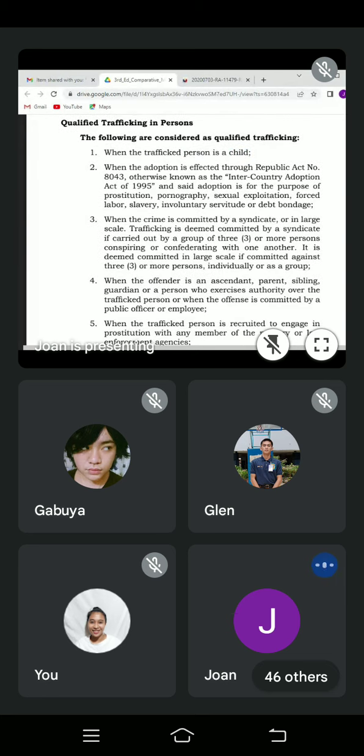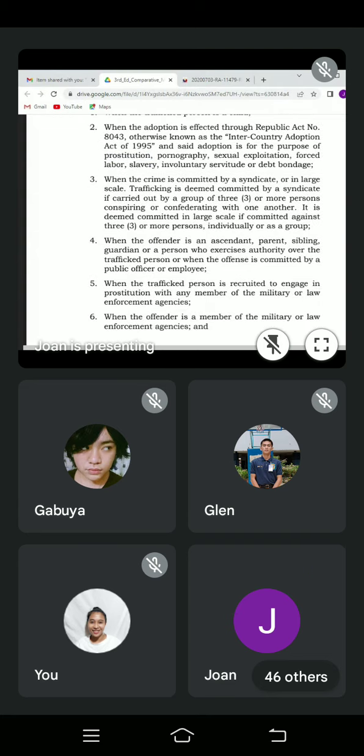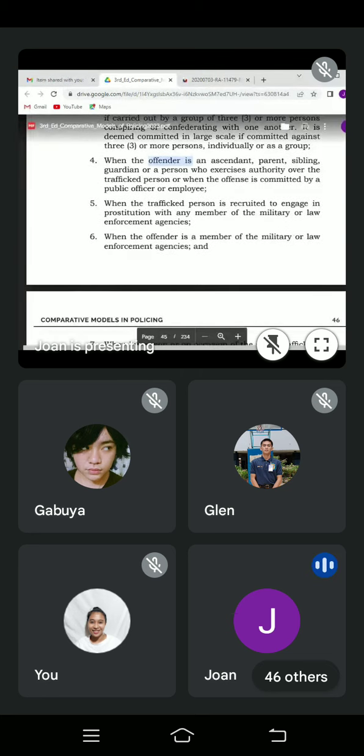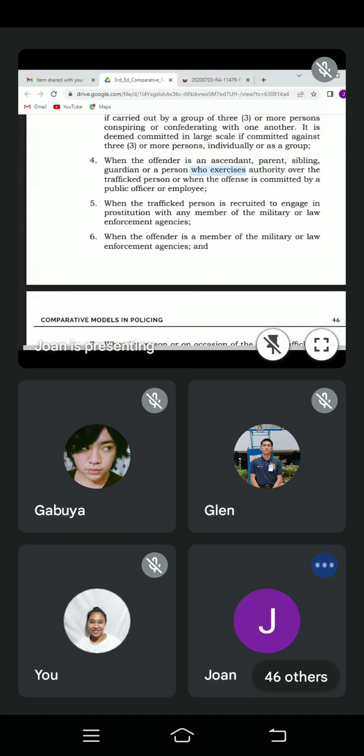Or you took part in adoption, you adopted the child because your purpose is to make him or her a prostitute in another place. Or it is done by a syndicate or in a large scale. Syndicate means three or more persons recruited you. Large scale means you recruited 3 or more persons. Or the offender is your ascendant, parent, sibling, guardian, or a person who exercises authority over the trafficked person.